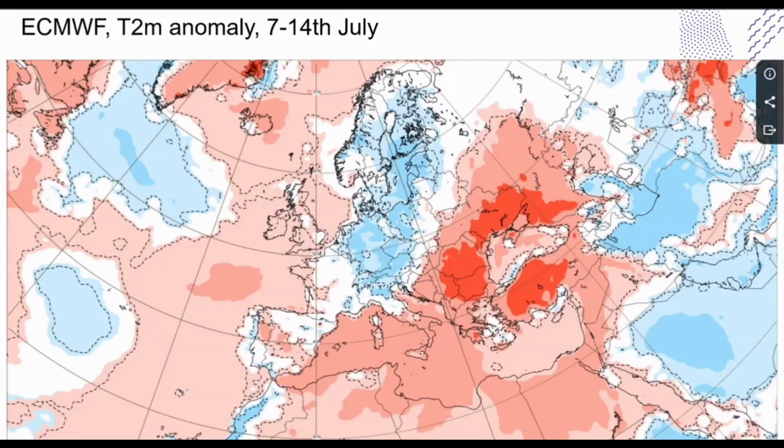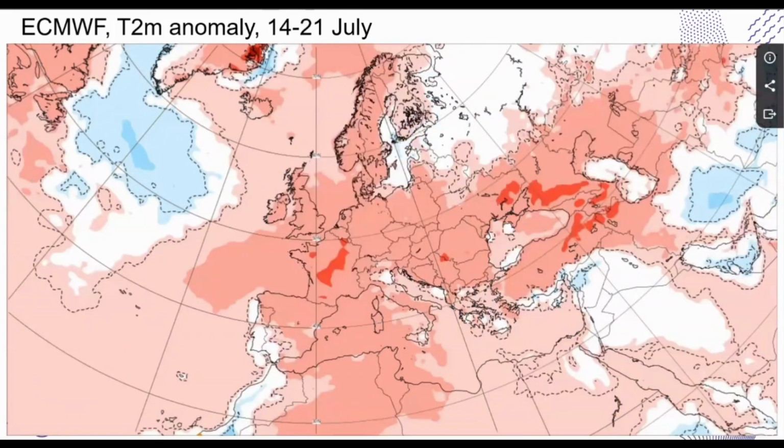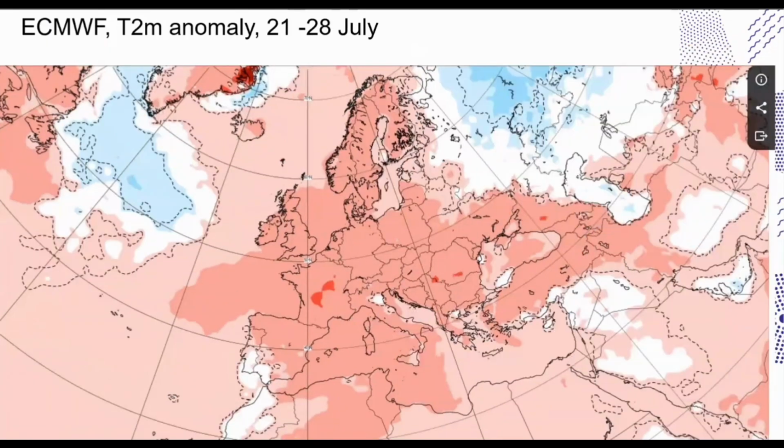And if we go 1 week further, in the middle of July, it shifts a bit so that we have a small warm temperature anomaly in large areas of Europe. And a similar picture looks to stay also for the end of July, the 3rd week from now on. But then we have a cold anomaly in east of Finland and western Russia, basically.